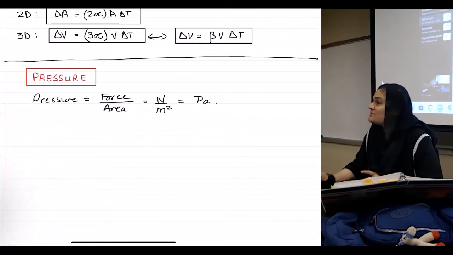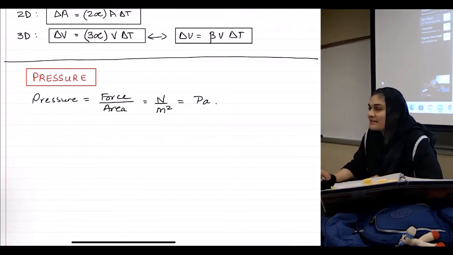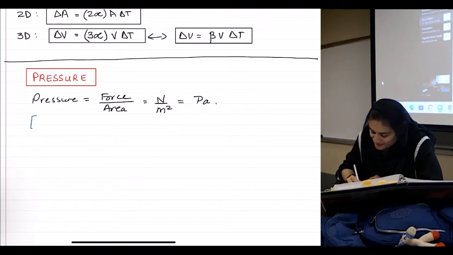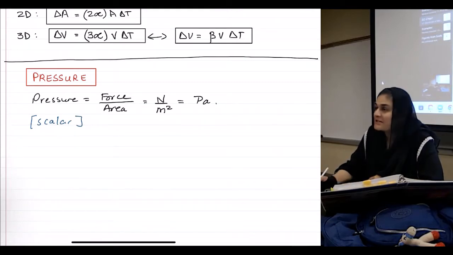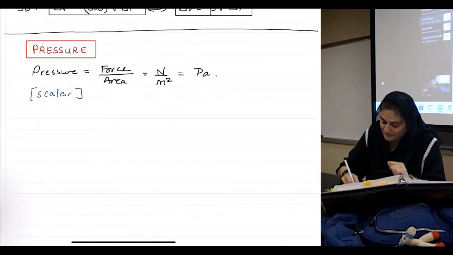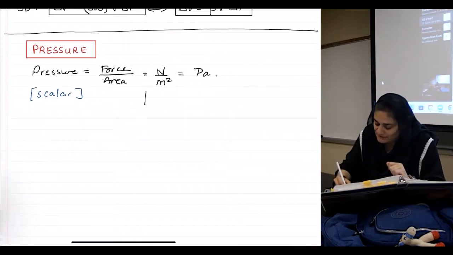One thing that always used to confuse me when I was little was force is a vector, yes? Pressure should be a vector too, right? But we're dividing it out by area. So pressure is always a scalar quantity no matter what you do. We also use another unit for pressure, which is called the atmosphere.